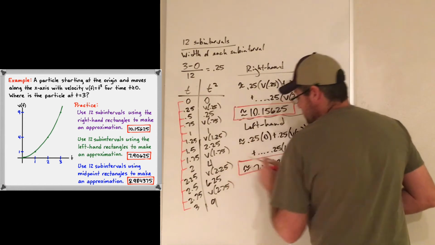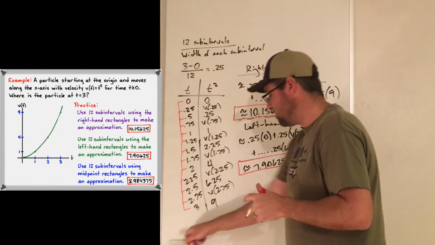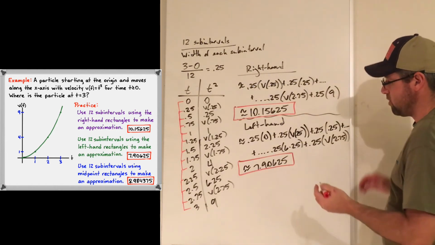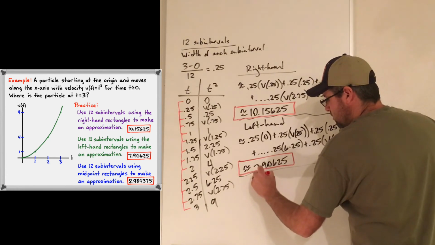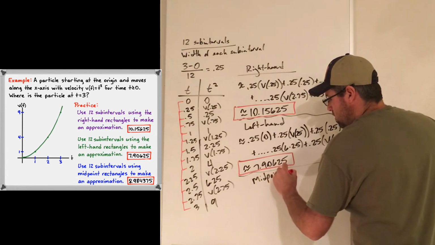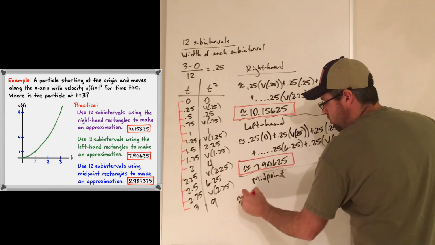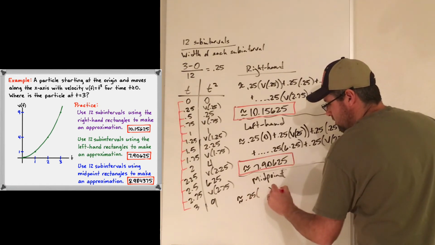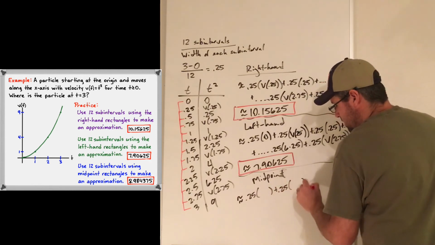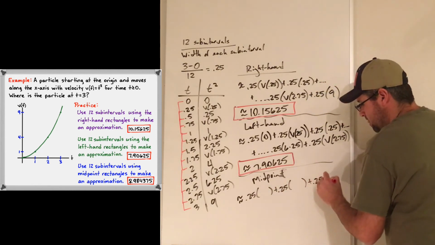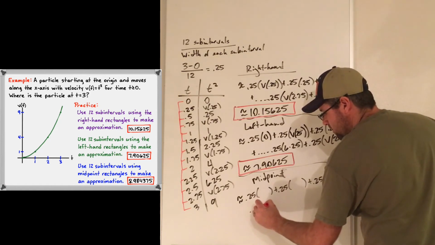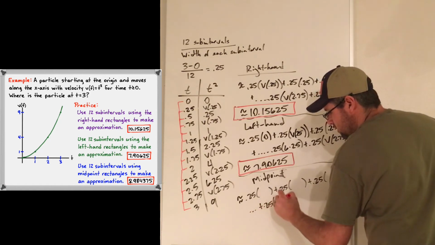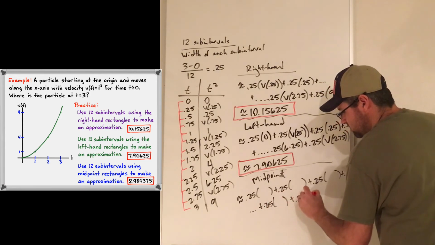The midpoint, when you're doing 12 subintervals using a midpoint, it gets really gross. And that is because the subintervals are still 0.25 wide, okay?